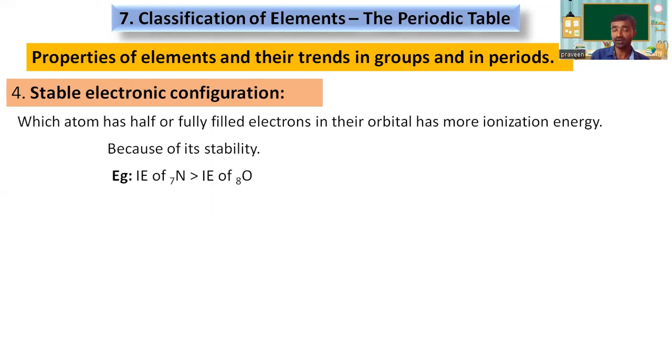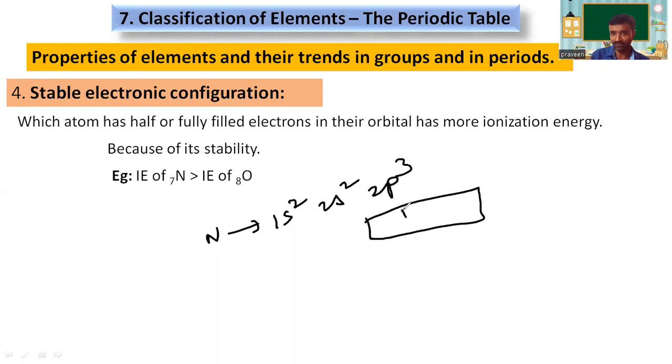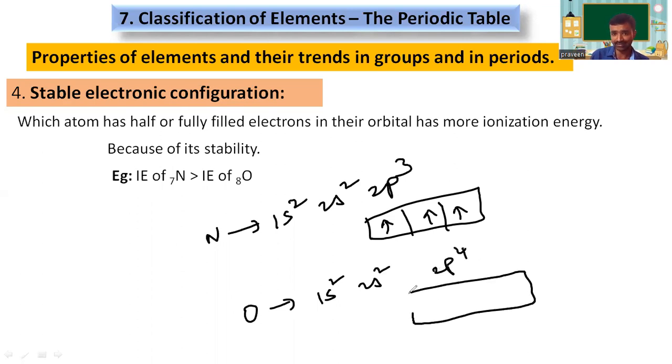Suppose we compare the ionization energy of nitrogen with that of oxygen. Which is greater? Nitrogen or oxygen? For nitrogen, the electron distribution is 1s2, 2s2, 2p3. So in the 2p level, 3 electrons are filled. Then oxygen, atomic number 8: 1s2, 2s2, 2p4. Now look at the distribution of electrons into 2p.